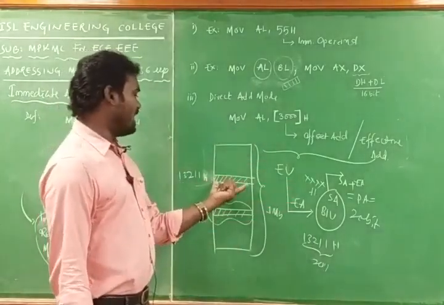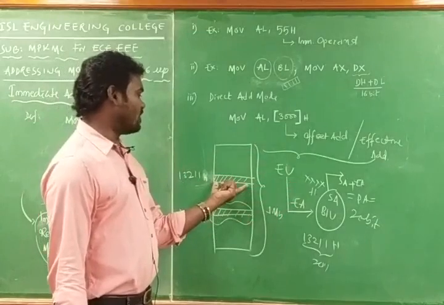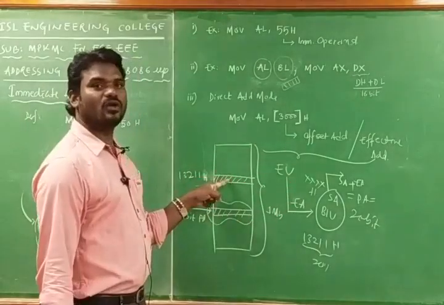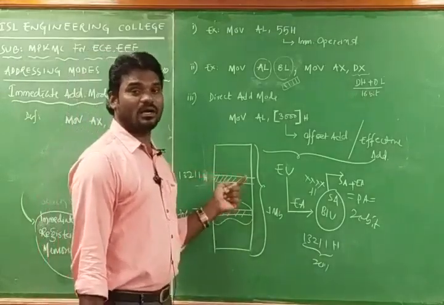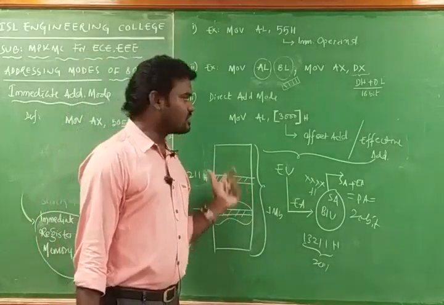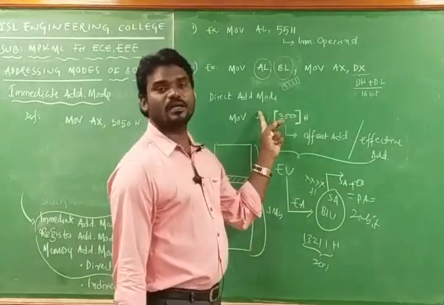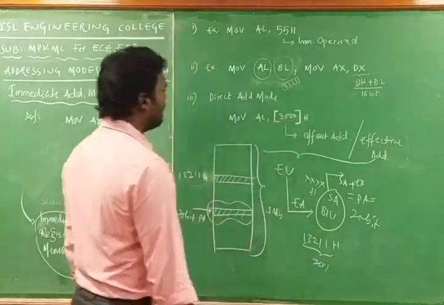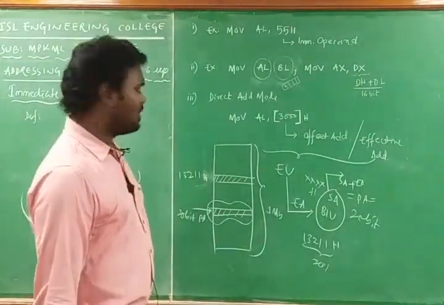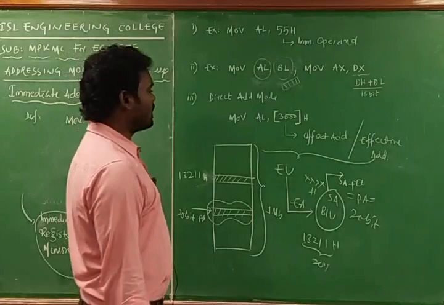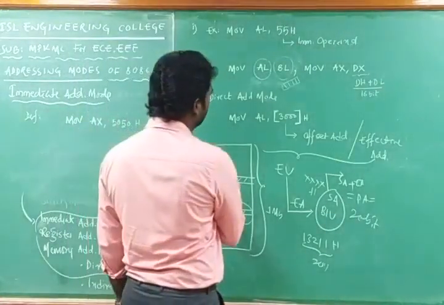By identifying that particular location, the 8086 microprocessor is going to access the operand in that memory, so that operand will move into the destination. This is named direct addressing mode in the case of memory addressing mode.